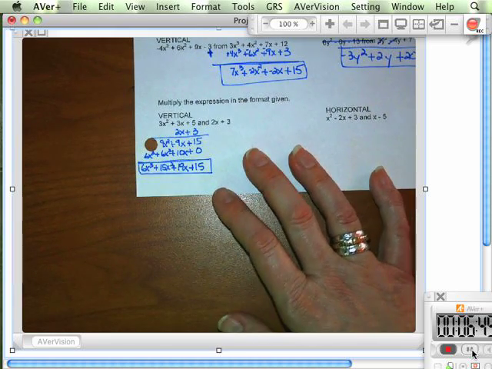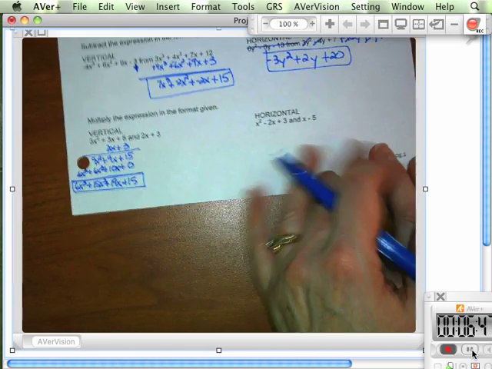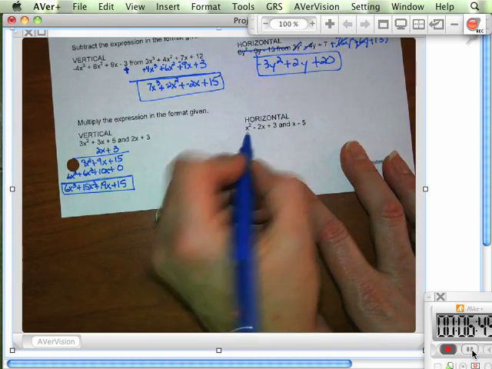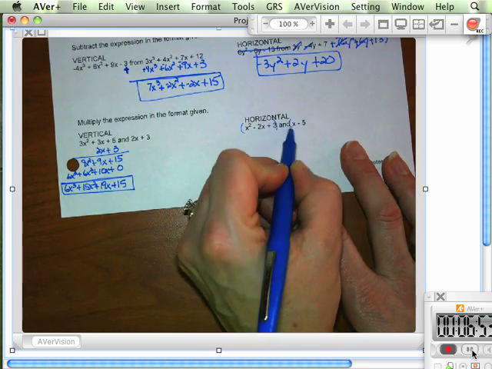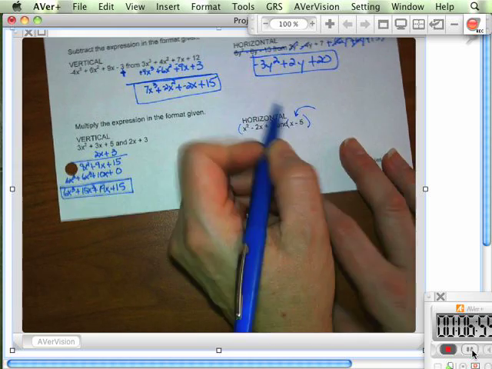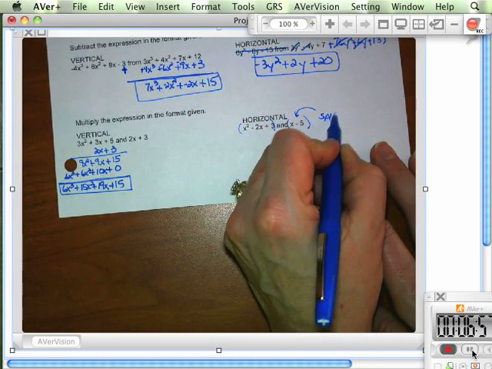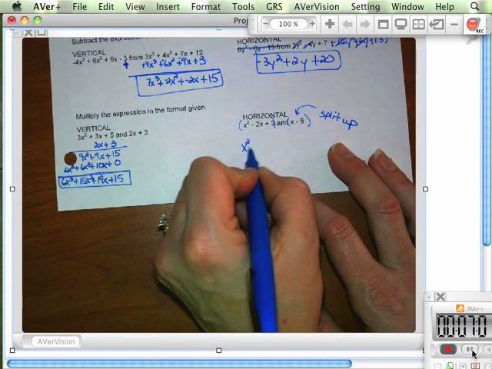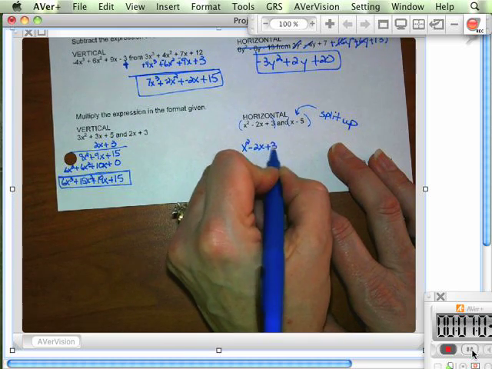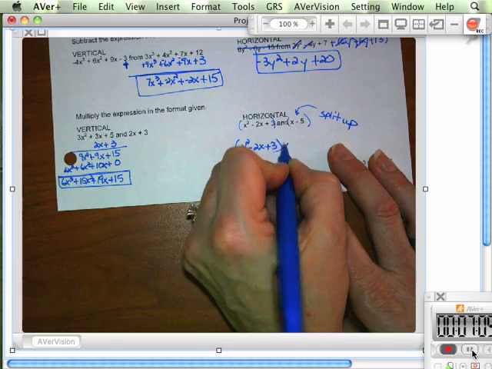Okay, and you can also multiply in vertical. So what I'm going to do is I'm going to take this, I'm going to multiply it by this, but the easiest way is to split this binomial up and write it like this. X squared minus 2x plus 3. I'm going to multiply it by the first term of that binomial.